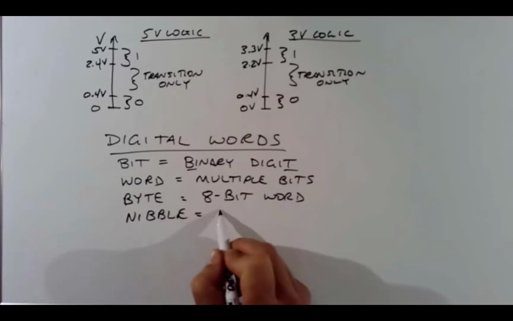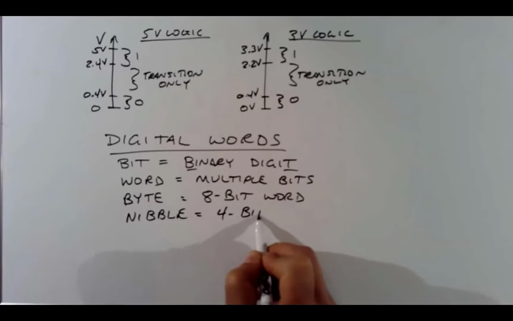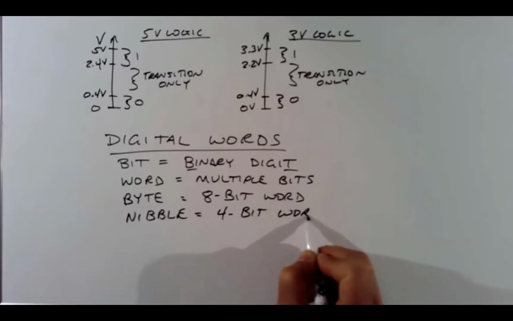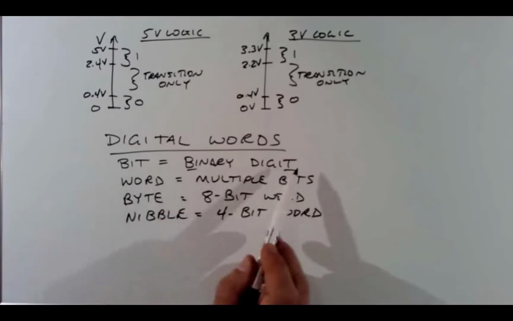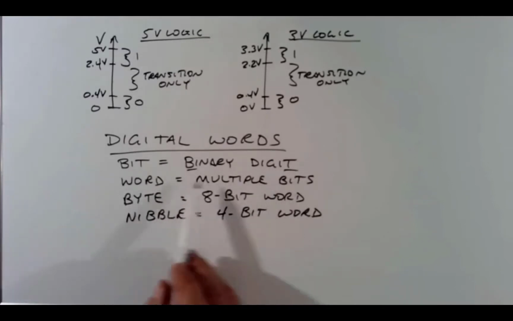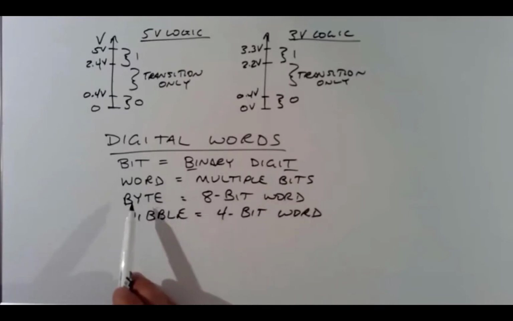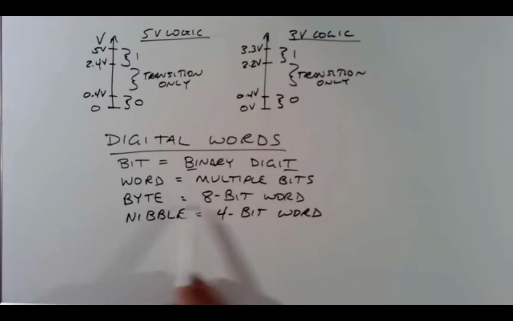It's actually a 4-bit word. Okay. So when I say bit, I mean a 1 or a 0. When I say word, I mean multiple bits. If I'm being specific about an 8-bit word, it's a byte. And if I'm talking about a 4-bit word, like we do when we talk hexadecimal, I'll talk about a nibble.